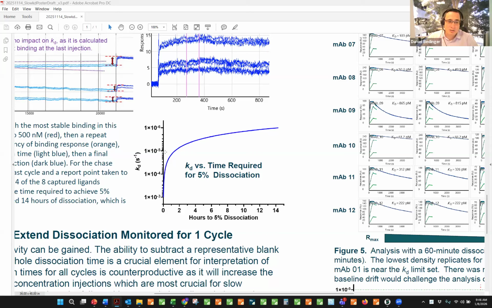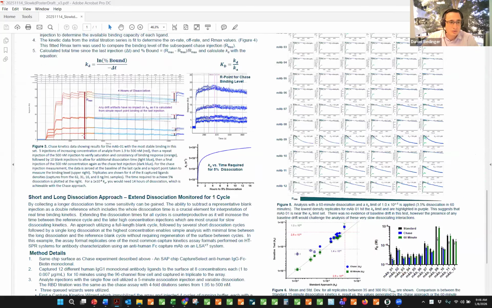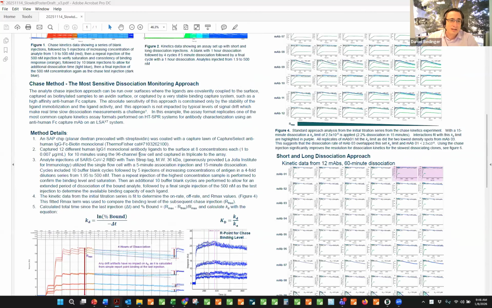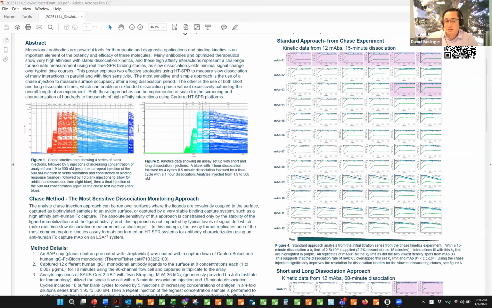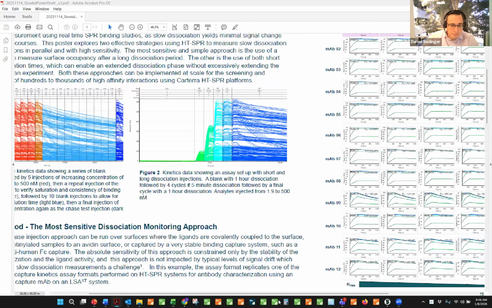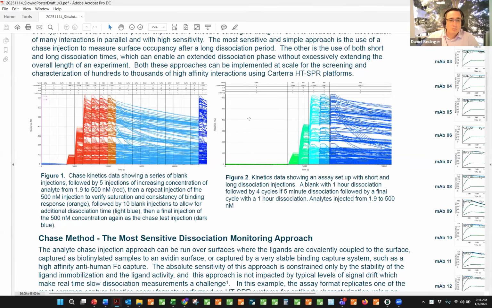But as you start to approach 10 to the minus 5, that's 1.4 hours to see only 5% dissociate. And if you go out to 10 to the minus 6, that's 14 hours of dissociation to see only 5% dissociation. So you can imagine if you had any sort of drift or artifacts in the system, those measurements would be almost impossible in a real-time approach. So here we propose two solutions.